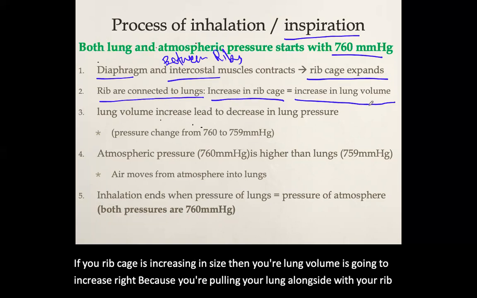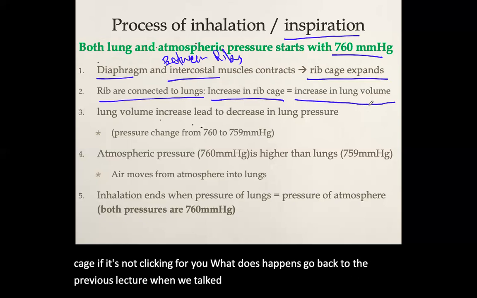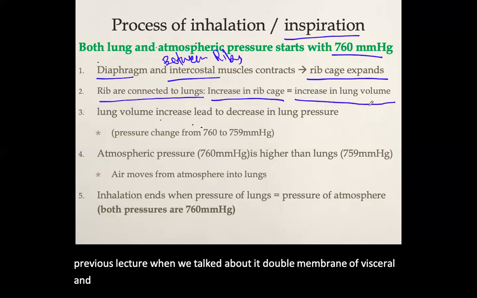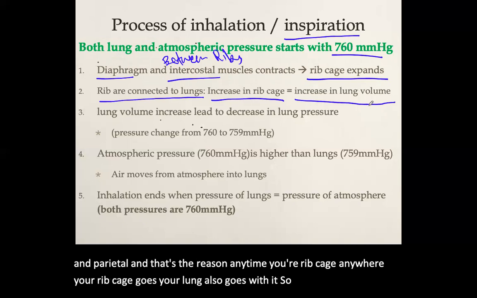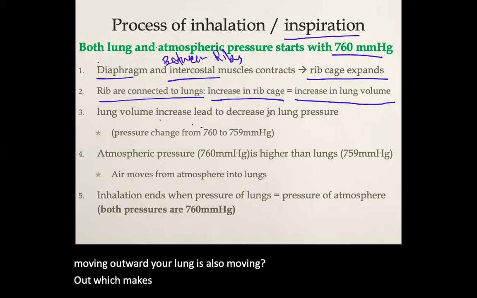If it's not clicking for you why that happens, go back to the previous lecture when we talked about the double membrane of visceral and parietal. That's the reason anywhere your rib cage goes, your lung also goes with it. So if your rib cage is moving outward, your lung is also moving out, which makes the lung volume go up.